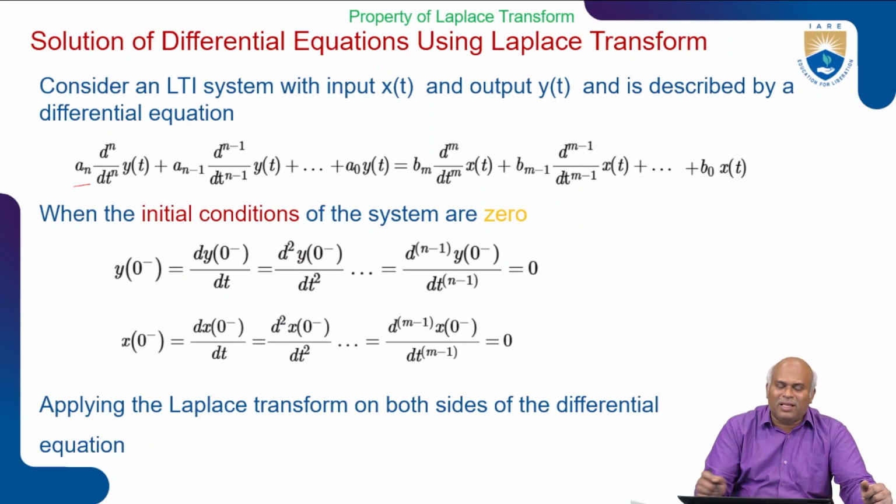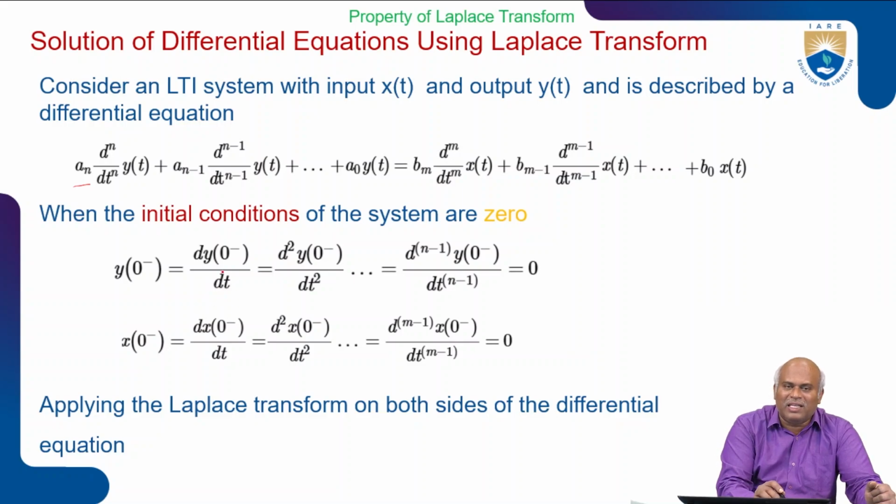So now I write y(0-) equal to dy/dt(0-) equal to d^2y/dt^2(0-) equal to up to d^(n-1)y/dt^(n-1)(0-), all values are 0. That means the initial values on the input side as well as the output side are 0.